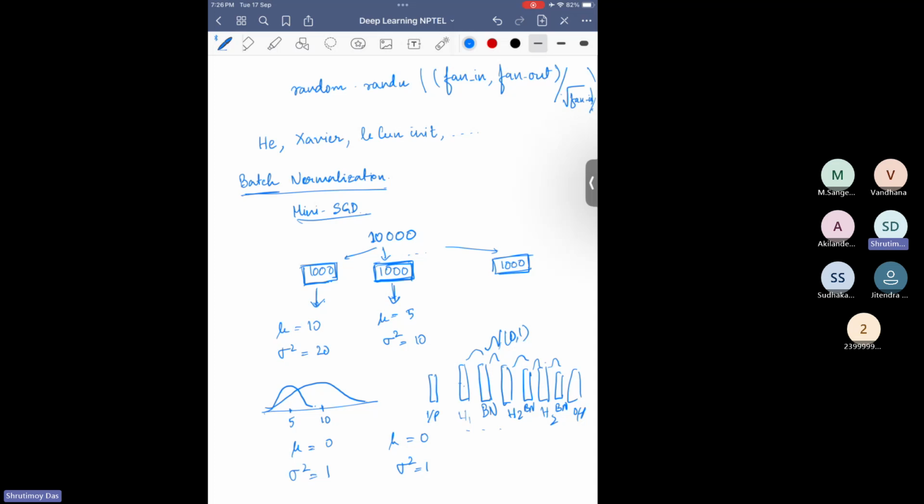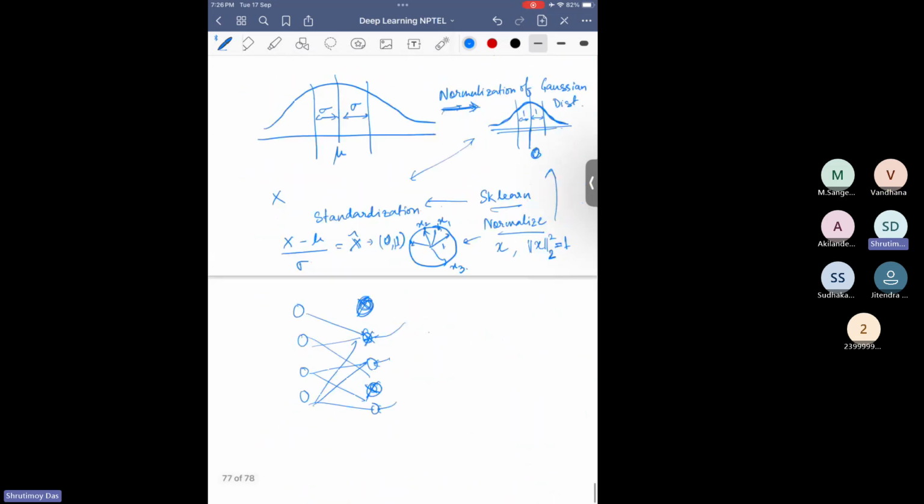But since this is a probabilistic thing, some neuron may be present in one epoch and not present in another epoch. So it will be updated a few of the times, and not updated the other remaining times. So if we are updating the weights anyway, then what is the use of dropout?